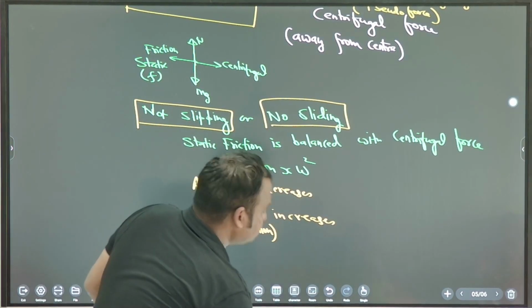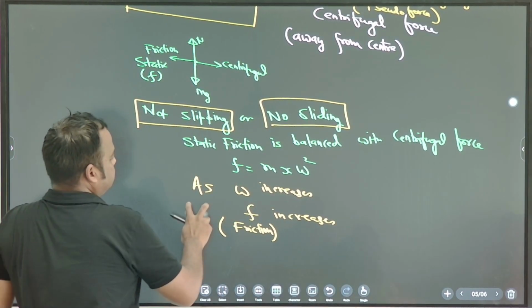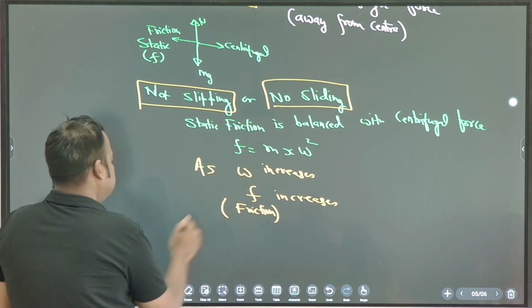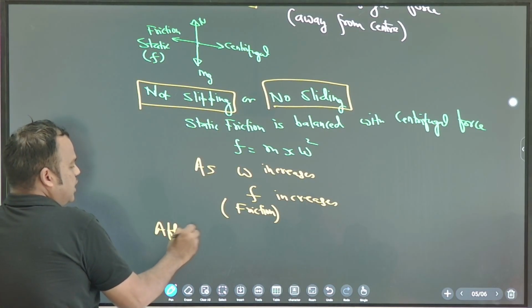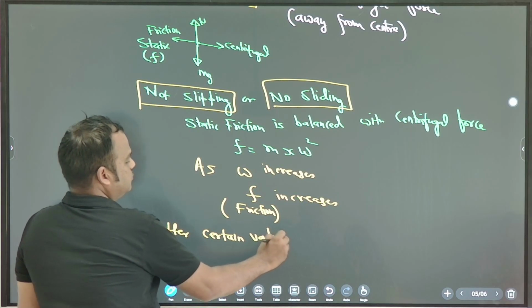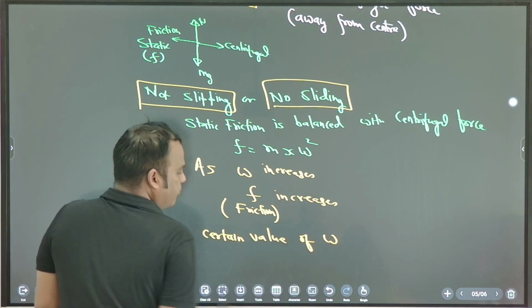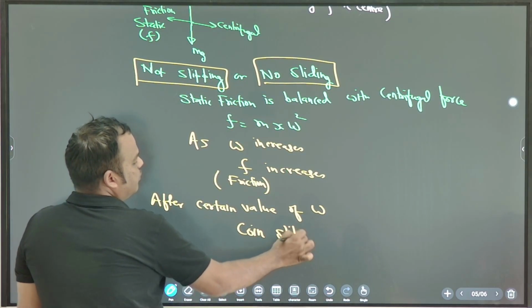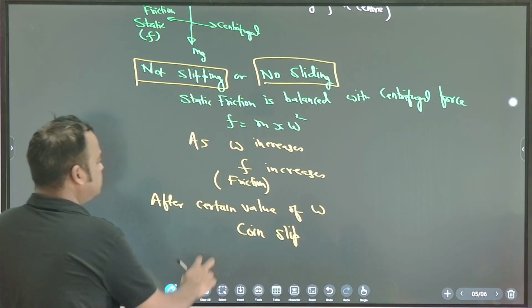Why is it slipping? Tell me. When you increase omega, after a certain value of omega, the coin will slip. Tell me why it is slipping.